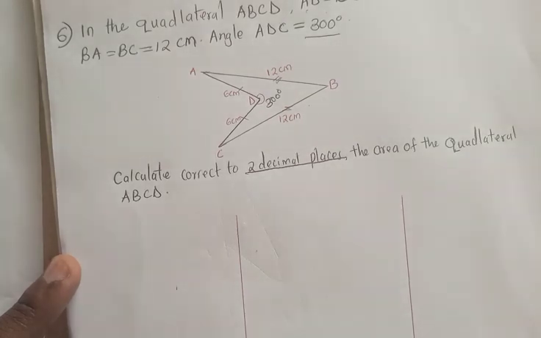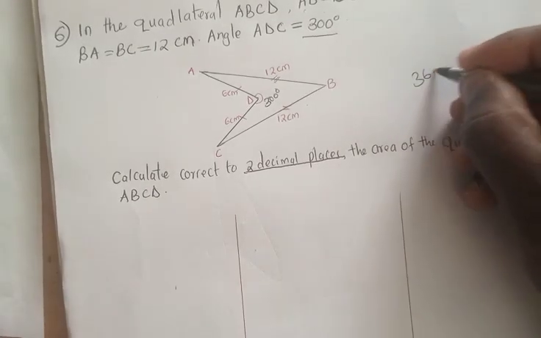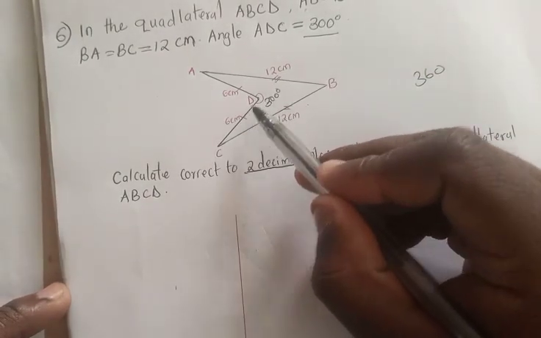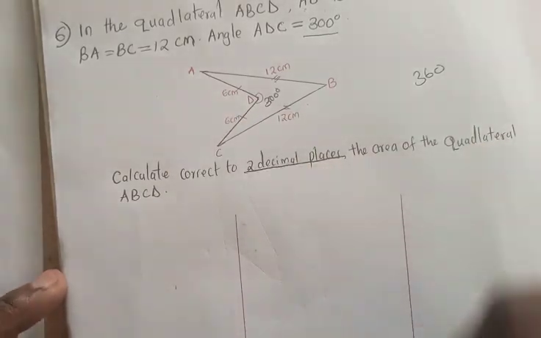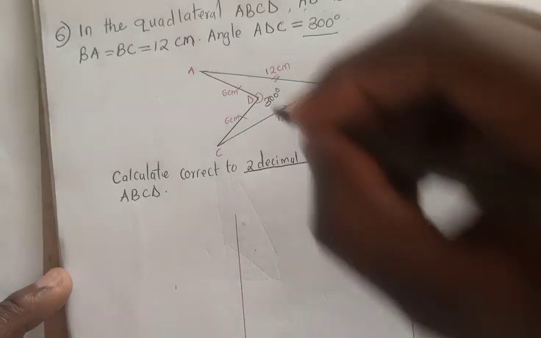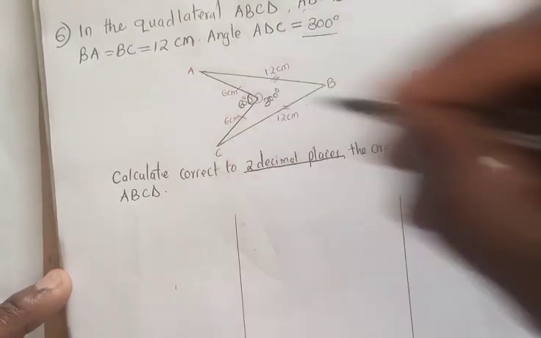We know that the angles at a point add up to 360, meaning that this angle here, CDA or ADC, is equal to 60 degrees. Why is it 60?